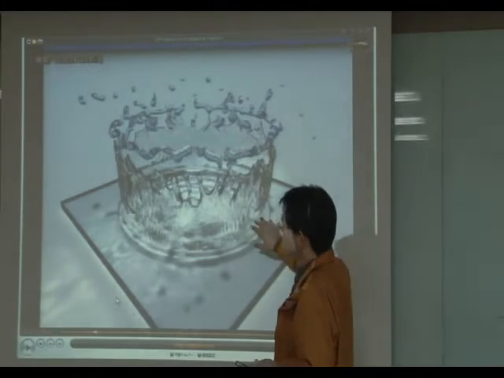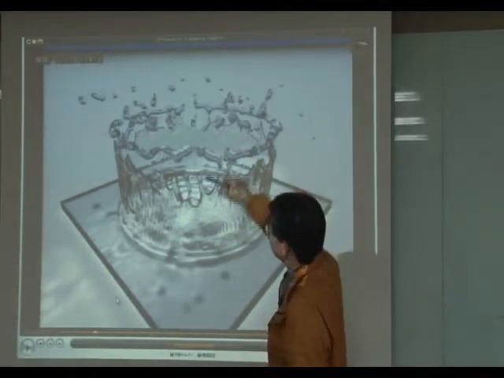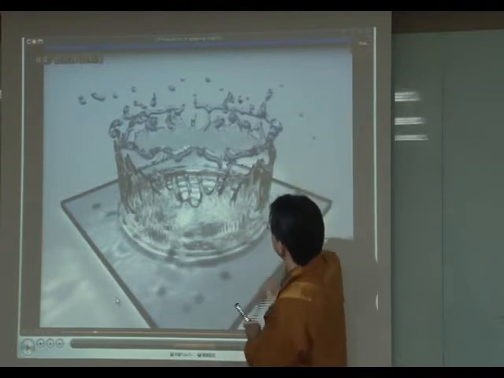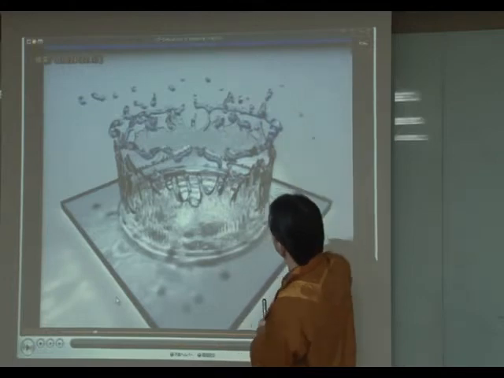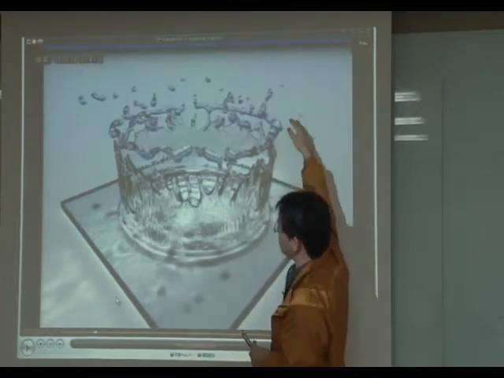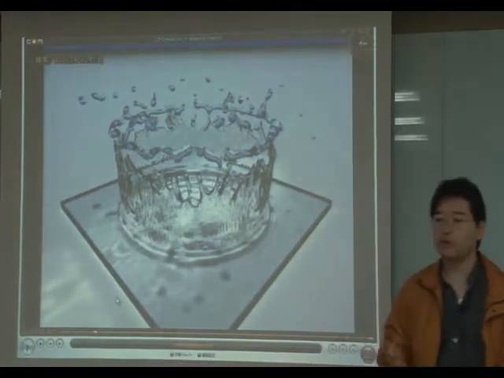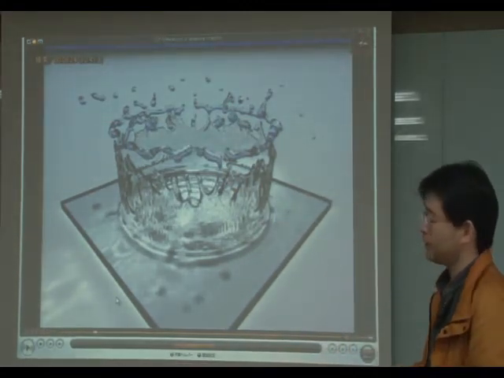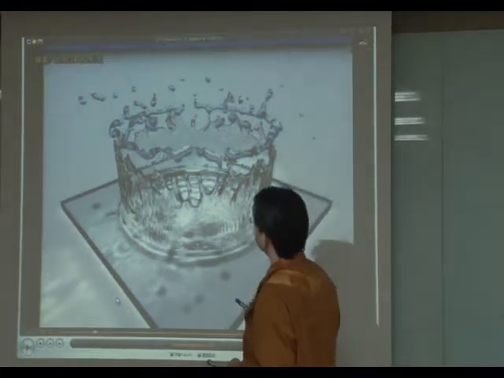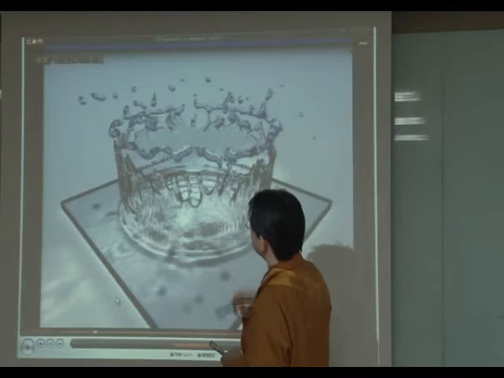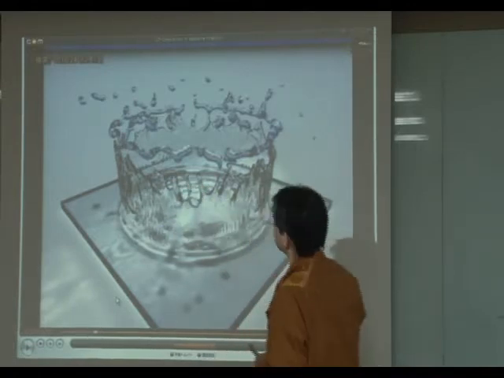So you cannot see the computational mesh, but I guess along this level it is covered by the regular mesh of 200 times 200 times 100, and the CIP method is used to capture the position of the free surface.